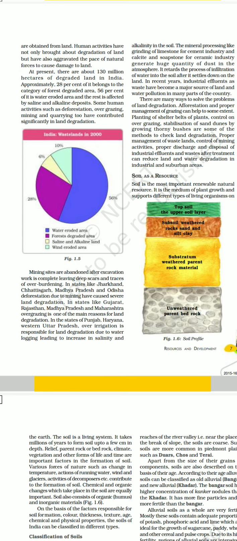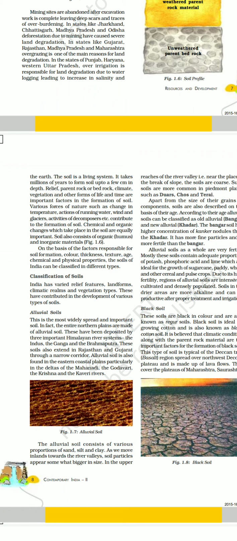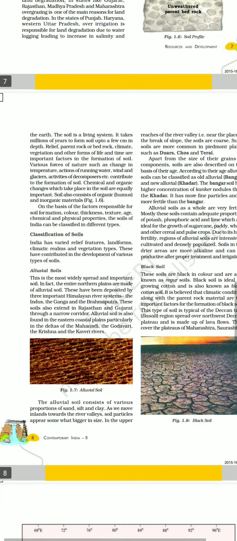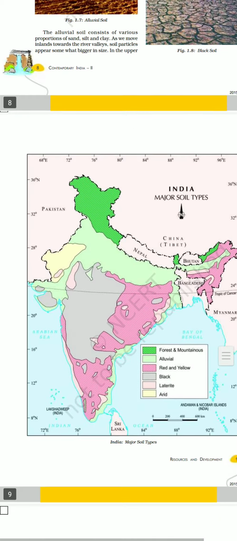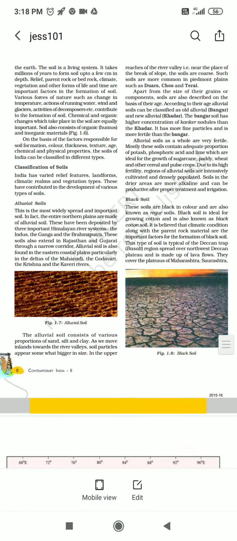Then let's move on to the classification of soil. Here you can see various classifications. Soil is classified into alluvial soil, black soil, red soil, laterite soil, forest soil, arid soil, and so on.